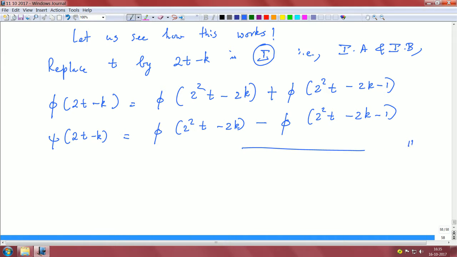Let us call this equation 3, right. Just we are going one scale down.